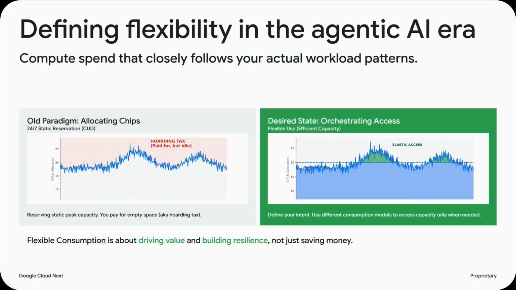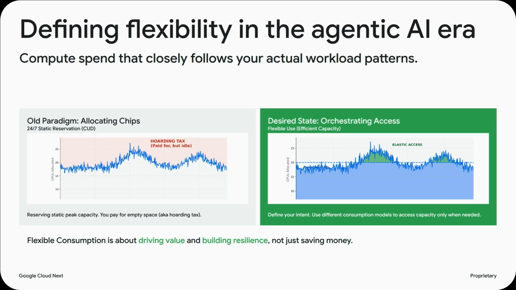This brings us to the core of the session topic, what Tanvi and I are going to talk to you about today. We had to change the way we think about AI infrastructure. The old paradigm of reserving chips, allocating chips is over. We have to stop treating capacity as a binary choice where you either reserve 24/7 for your peaks or you just roll a dice.